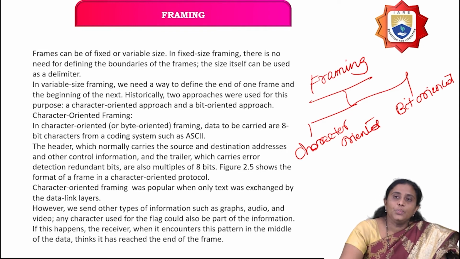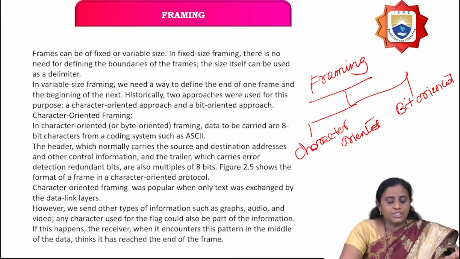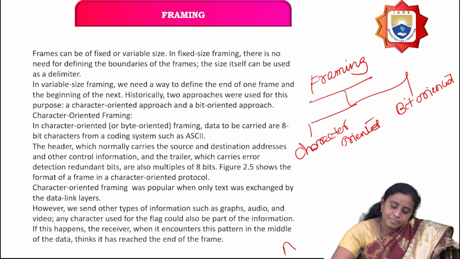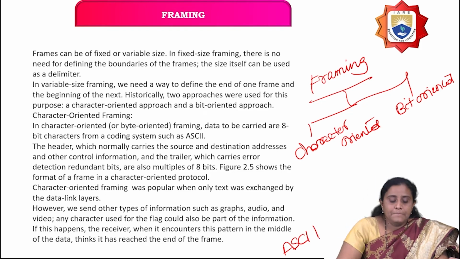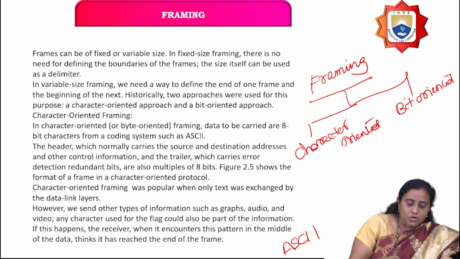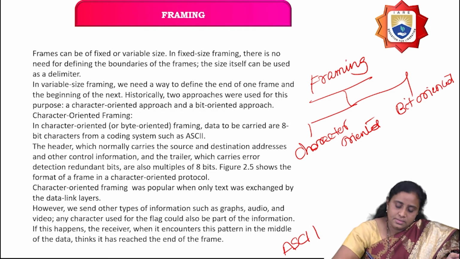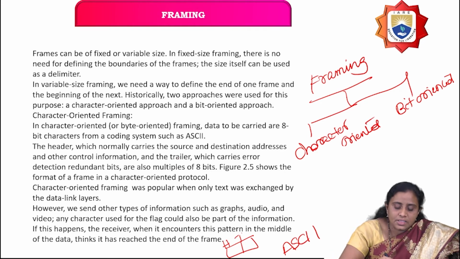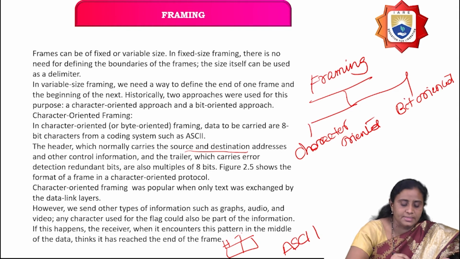The data needs to be carried in 8-bit format from a coding system called ASCII. This type of framing consists of a header and a trailer. The header normally carries the source and destination addresses and other control information.